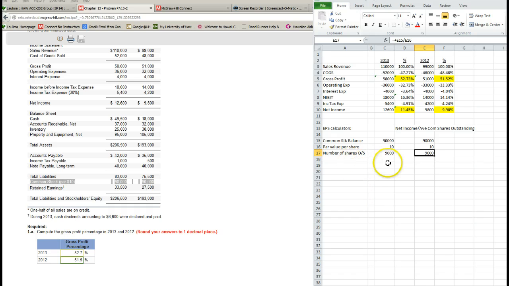Now keep in mind that the 2012 information, basically, since we're working with ratios for the year 2013, for many, if not most, if not all of these ratios, we're going to need information from the beginning of 2013 as well as at the end of 2013.